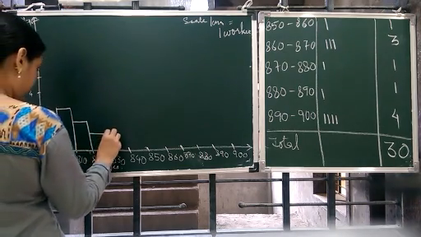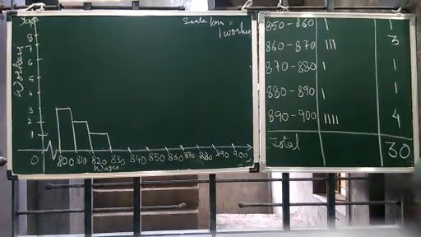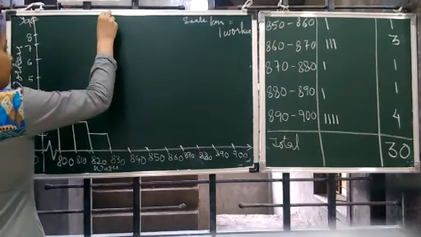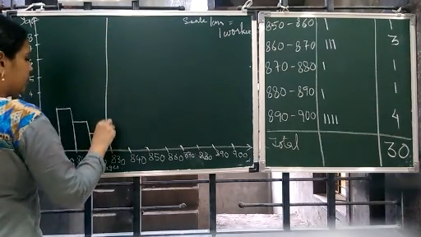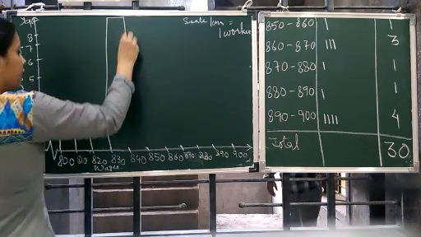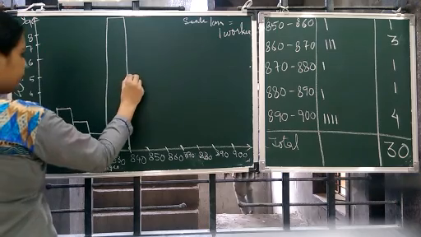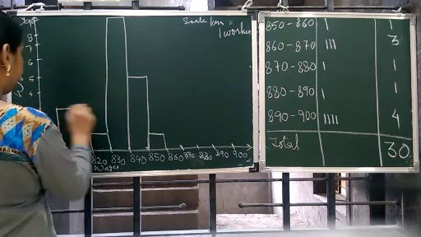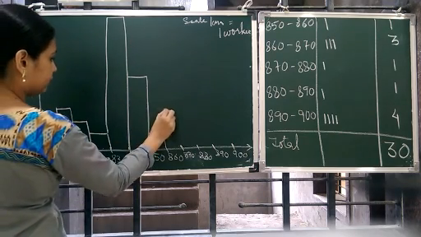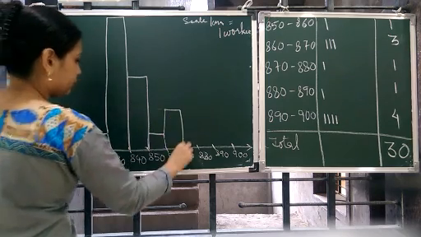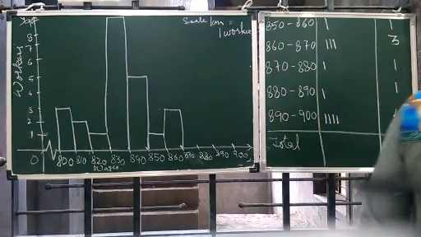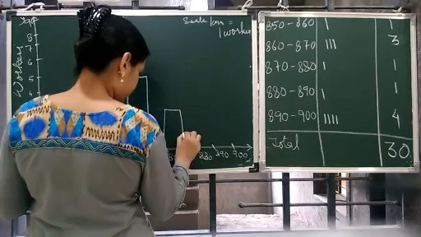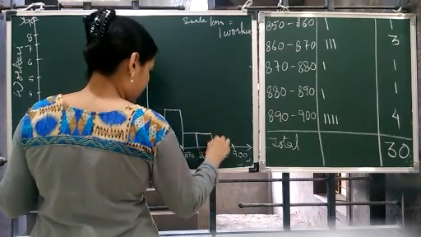Then 9, 5, 1, 3, then 1, then 1, then 4. Please use a scale, children.